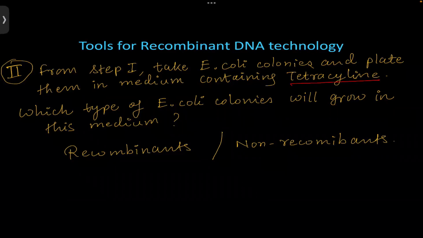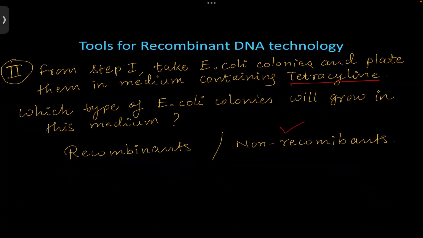So maybe the cells which have taken up the foreign DNA do not contain the gene of interest and only have the plasmid DNA. So it is a possibility. This is how recombinants are different from non-recombinants. So guess in what kind of media they will grow. Guess which cell population will grow in the media containing tetracycline.